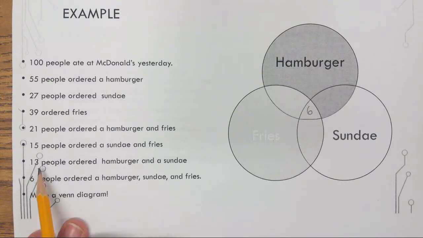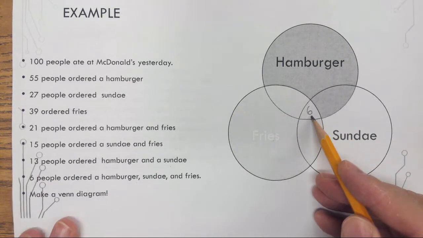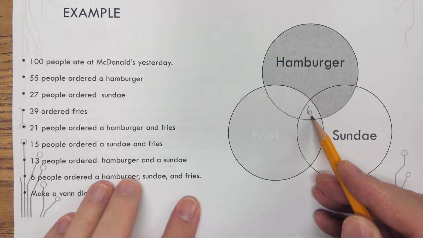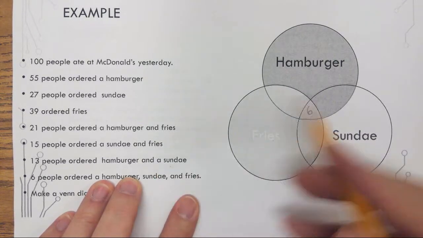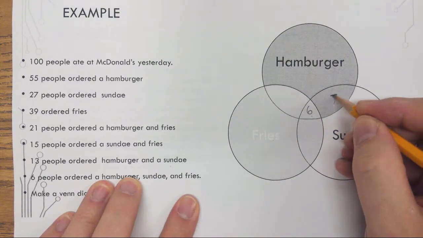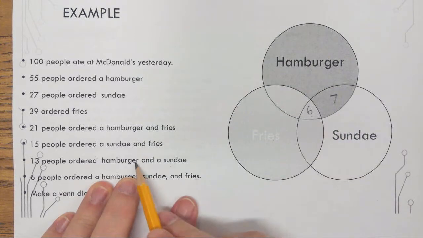Okay, we have 13 people who ordered a hamburger and a sundae. Well, 6 of them ordered fries as well, but that means that we have 7 left that ordered a hamburger and a sundae only. Okay.